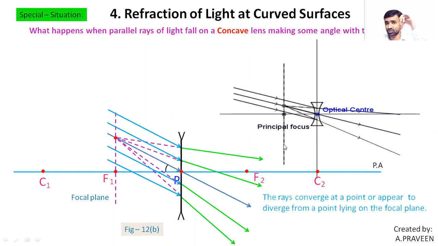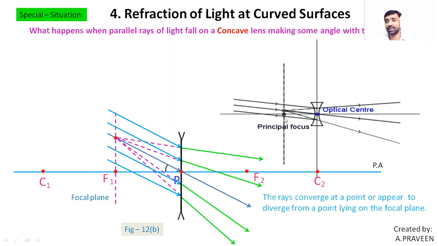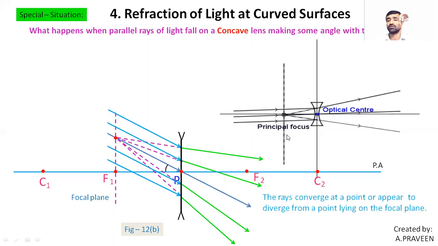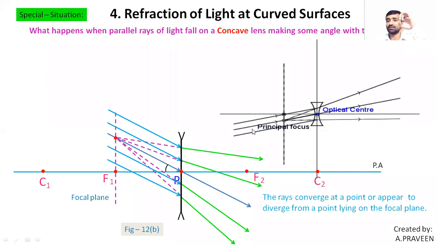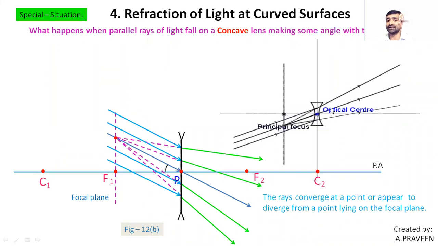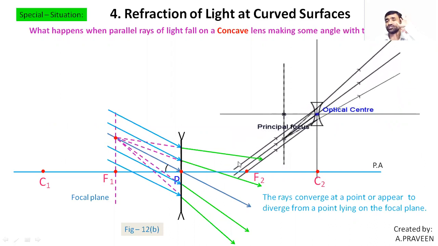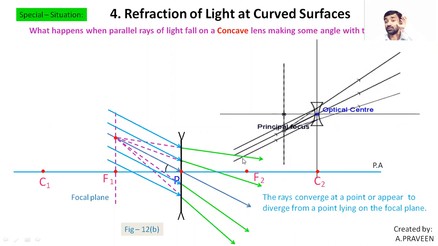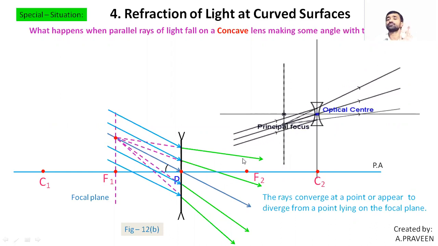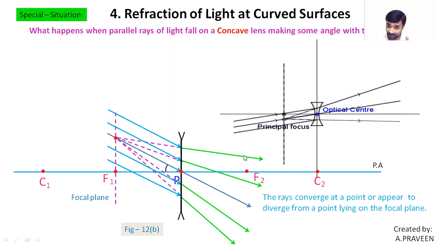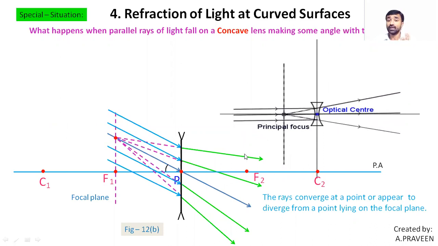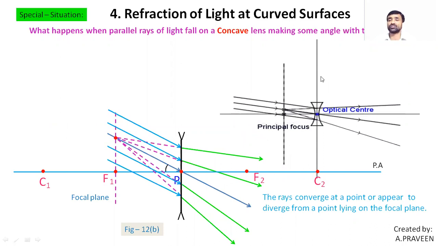This is the reason to generalize that behavior of light rays, right? So here the middle line is acting like a principal axis, an imaginary principal axis. The ray which is passing through the optic center, we are considering as the imaginary principal axis.